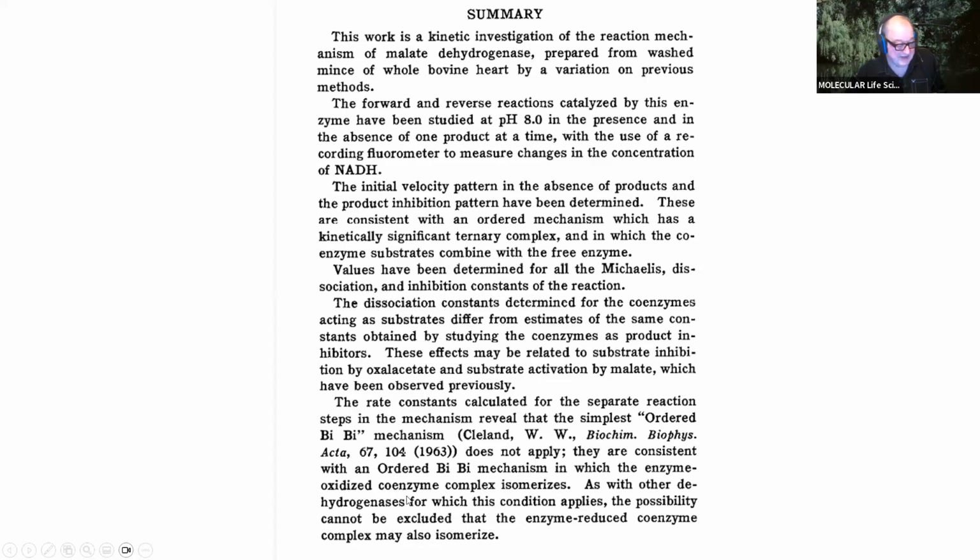And then, as with other dehydrogenases for which this condition applies, the possibility cannot be excluded that the enzyme-reduced coenzyme complex may also isomerize. And we'll talk a little bit about that as well.